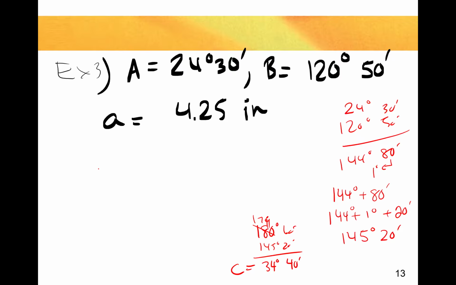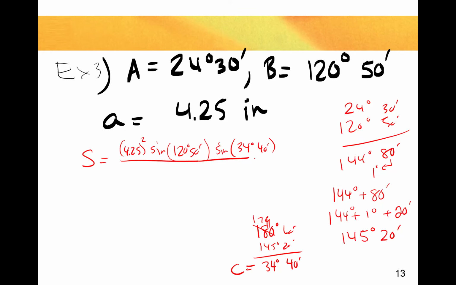Now I can do my formula. The formula is A squared, 4.5 squared, times sine of B, times sine of C. And the only thing that happens for students is they just pick the wrong angle to go in the wrong area.